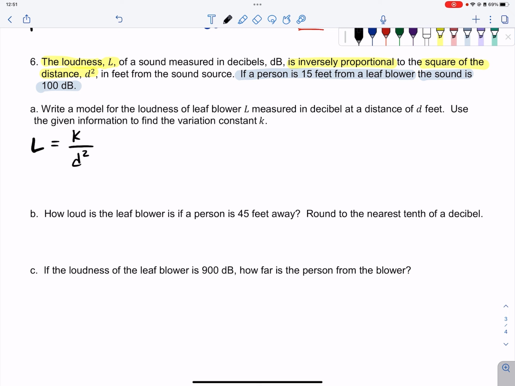Now let's use our data to evaluate K. If they're 15 feet from the leaf blower, so distance is equal to 15, then the loudness, the decibels, is equal to 100. So L is 100, and that's equal to K over 15 squared. K is being divided by 15 squared, so we can multiply both sides of our equation by 15 squared.